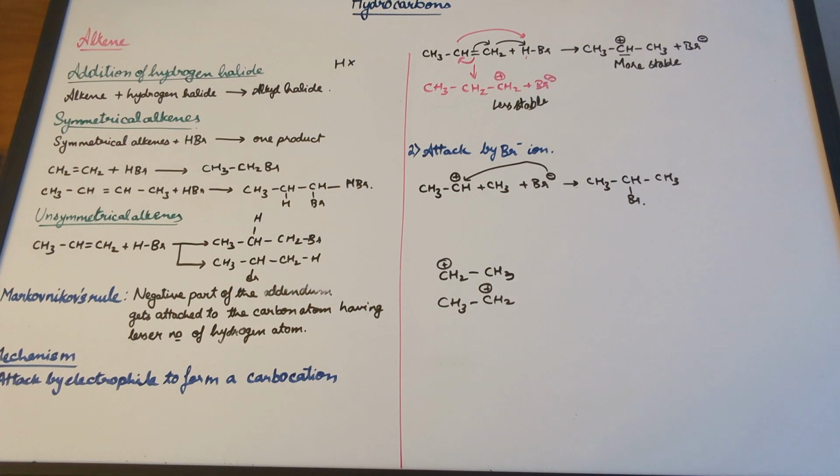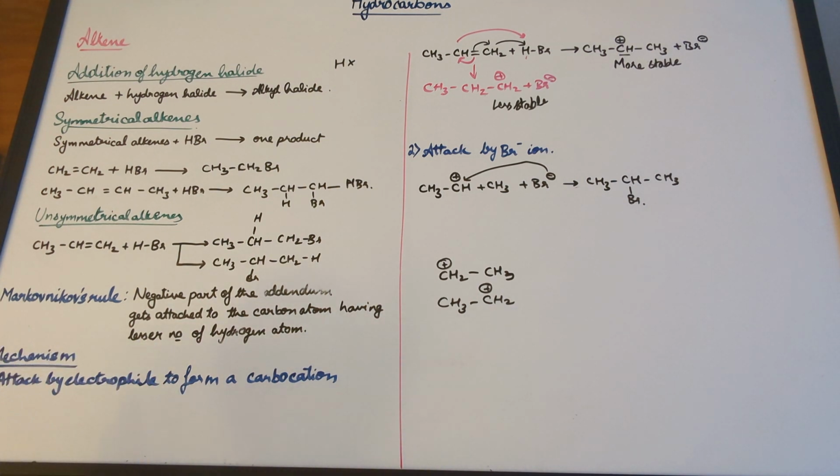Markovnikov's rule states that the negative part of the addendum gets attached to the carbon atom having the lesser number of hydrogen atoms. It was given by a Russian scientist, Markovnikov, in the year 1869 after he studied all of this in detail. The first step is the attack by the electrophile, and when the electrophile attacks the alkene, it leads to the formation of a carbocation.